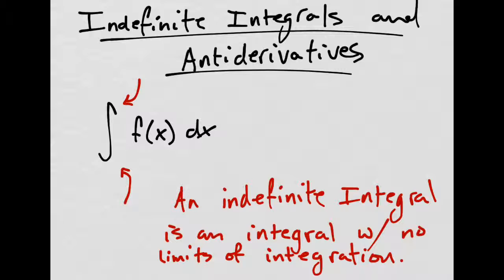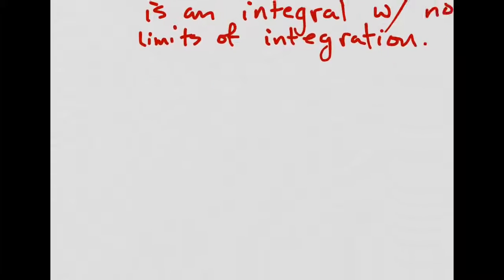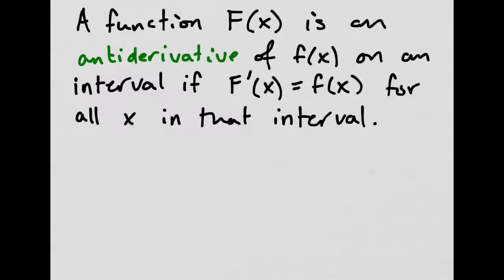Let's review what an antiderivative is before we move on. This section is going to hopefully be pretty easy, but we'll see. The definition of an antiderivative is very, very simple. It's just a function, capital F of x, such that F prime of x is equal to f of x.